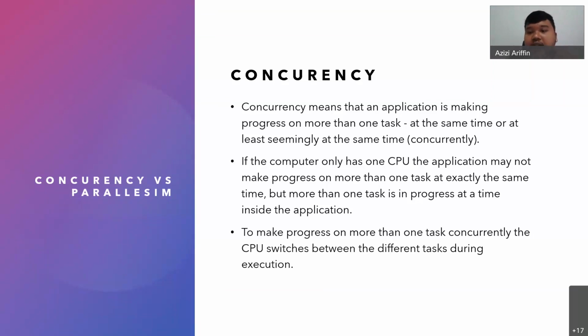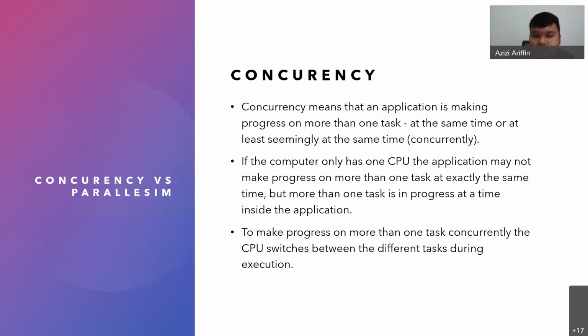Dia nampak it appears it can run the task tu dalam masa yang sama. Okay? Tapi macam yang Saiful tanya tadi, adakah dia betul-betul dalam masa yang sama tu dia buat serentak? Dia depends. Okay? Kalau kita ada single core CPU, walaupun kita ada thread atau proses kita nak buat concurrent tu, sebenarnya dia nampak macam dia buat sekali, tapi sebenarnya dia tak buat. Dia hanya run satu persatu.